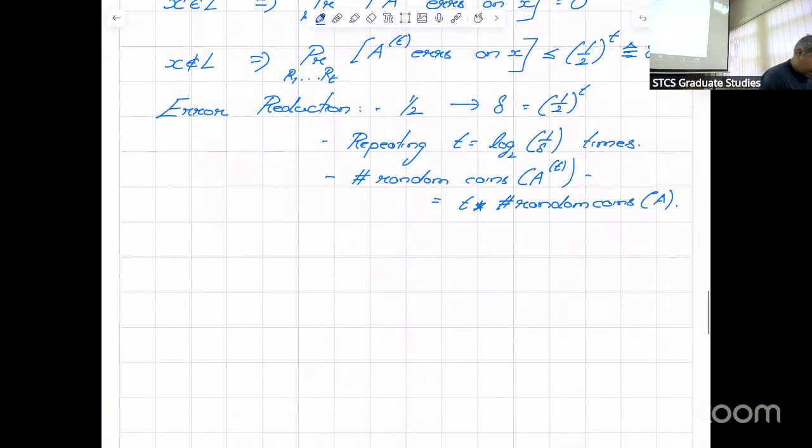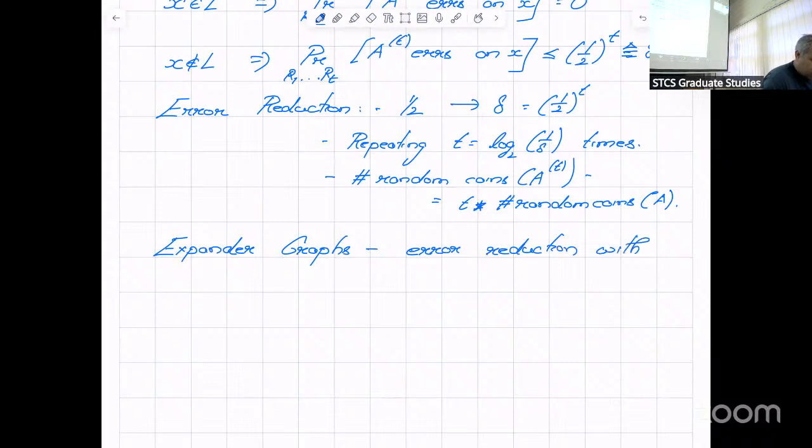So I want to say expander graphs give you an error reduction with a much lower number of additional random points.